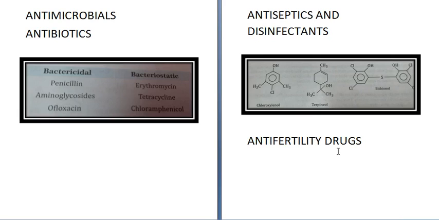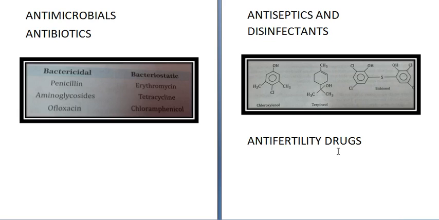The estrogen derivative which is used in combination with the progesterone derivative is ethinyl estradiol or mestranol. These are the names of anti-fertility drugs. So this was about the use of chemistry in medicines and in drugs.